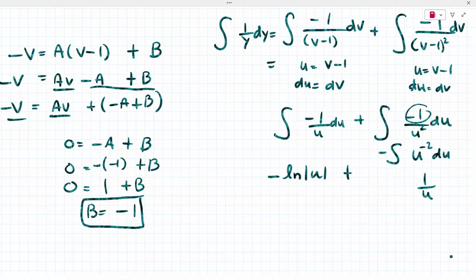Okay, so put it all together. On the left side, the integration of 1 over y dy is ln of absolute value of y. This is negative ln of absolute value of u plus 1 over u plus c.